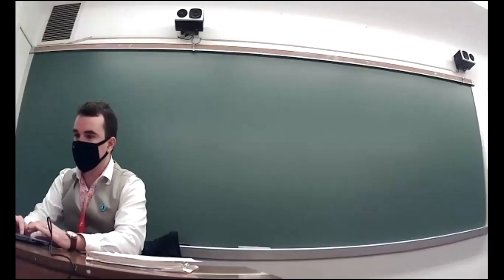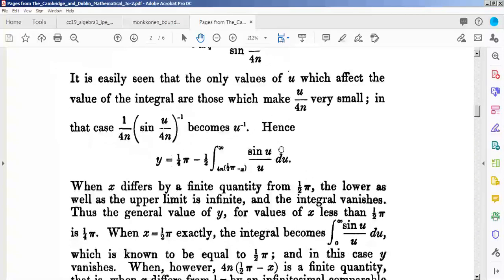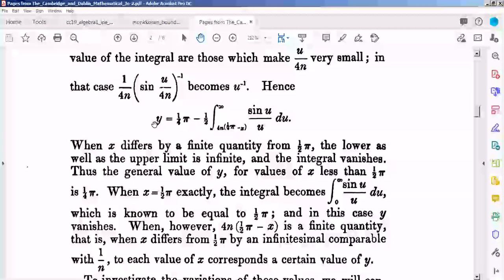Let me show you this paper to make sure I'm being sort of clear and fair to the author. So here he's making the substitution, replacing y equals 1/4 pi minus 1/2. Right, and he says 4n times 1/2 pi minus x to infinity.